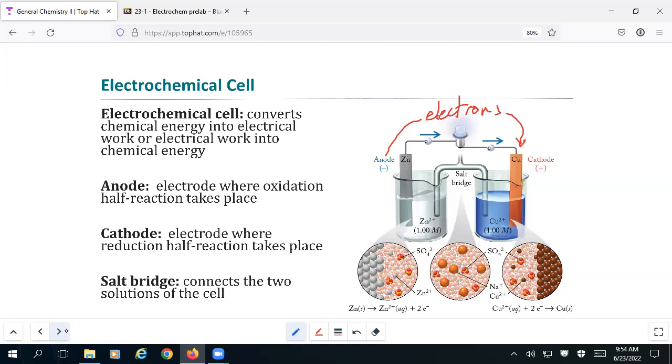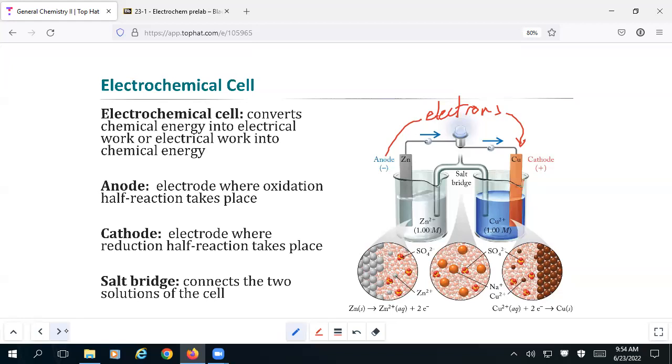Because if you think about it, if all of the electronic motion is heading in one direction, what we would get in this particular case is a copper cell that is so full of negative charge and a zinc cell that is so full of positive charge that they would basically lock up and no more would be able to travel, just from a sheer numbers perspective. It would actually take a whole lot less time to lock up than you think. And that's where the salt bridge comes in.